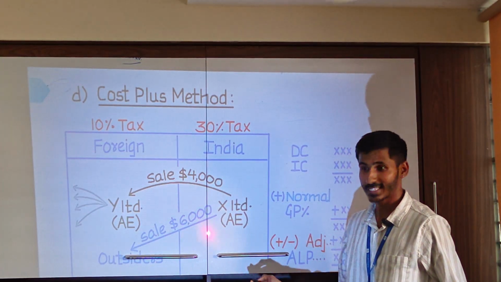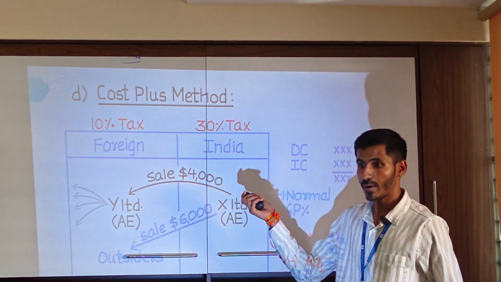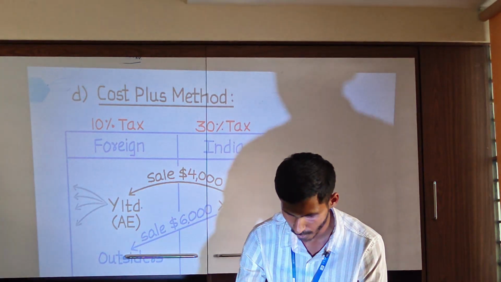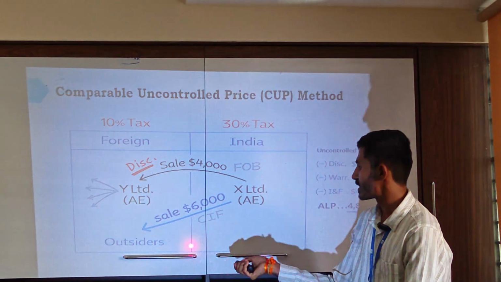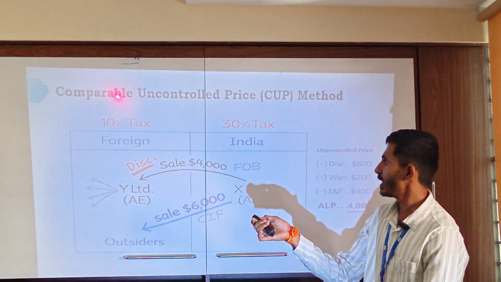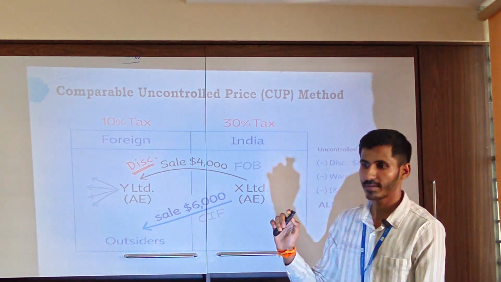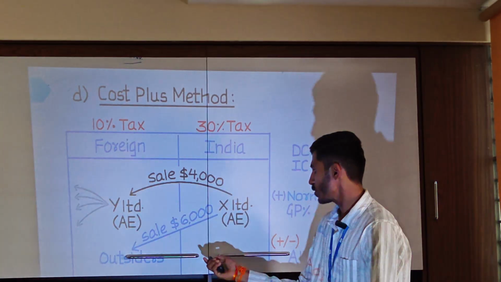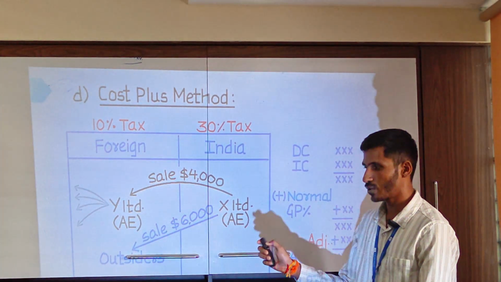If we consider this, then it will become comparable uncontrolled price method, CUP method. In CUP method, we are doing the same. If we consider this and calculate like this, it will become comparable uncontrolled price method. We are not going to consider that $6,000 value. So the sale of $6,000 is not considered now.